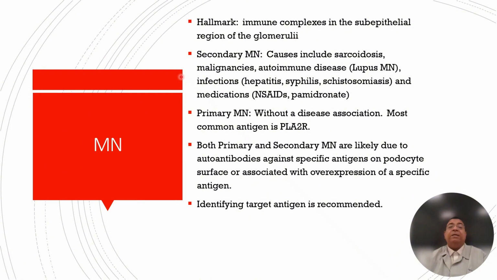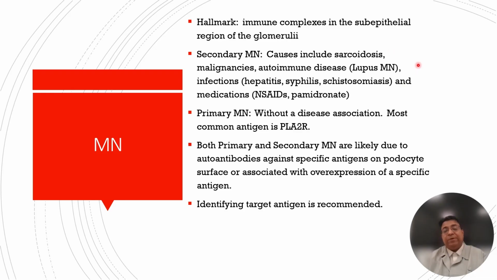But there are secondary causes of membranous nephropathy, and these secondary causes will also result in antigen-antibody immune complexes, and individual antigen associations are being found for most of these secondary causes. But amongst the secondary causes are sarcoidosis, malignancies.